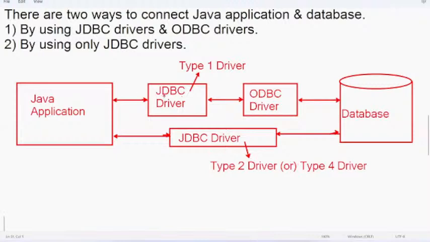Type 1 is outdated, so this driver was also removed from the Java software. That program is not possible anymore, because in the latest Java versions, from Java 8 onwards, it is removed. But in the interview they will ask why it is removed. That's the reason you have to learn.